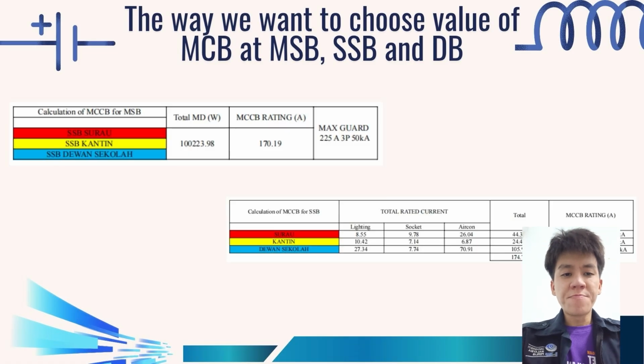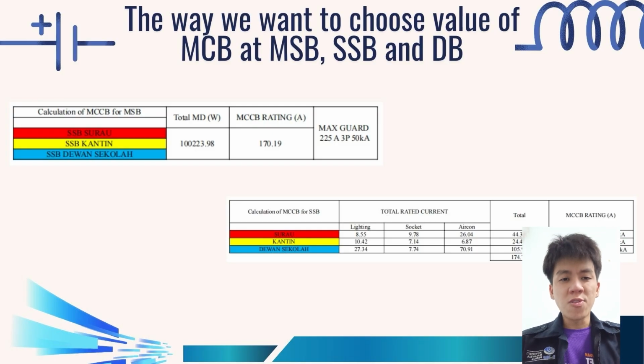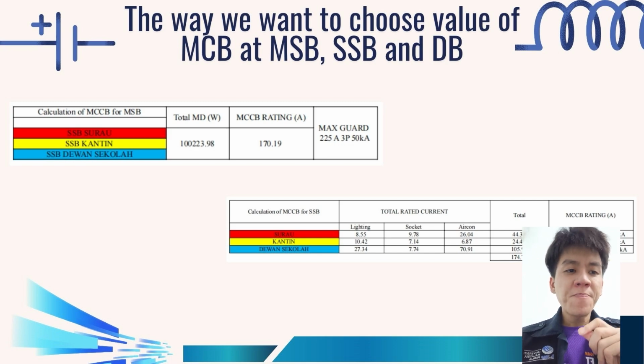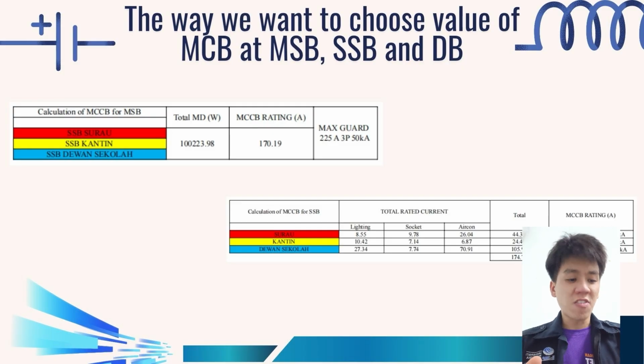For all three buildings, the Surau, canteen, and the school, the total maximum demand is 100,223.98 watt. Based on this, we choose a 225 amp rating and 50 kA breaking capacity MCCB to safely handle the total load and ensure the short circuit protection.